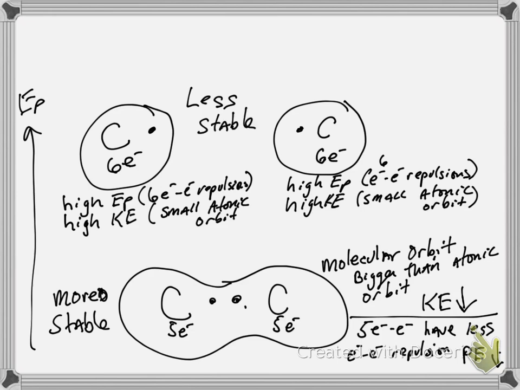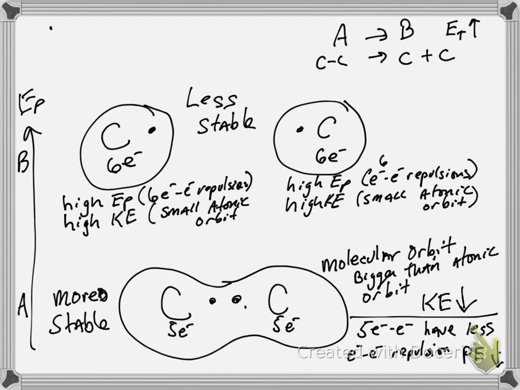So energy is required to go from a bonding scenario, A, up to B. If we're going to break a bond going from A to B, or the C-C going to C plus C, the total energy must increase. That's because we're going from low kinetic energy and low potential energy up to high potential energy and high kinetic energy. So energy goes up.